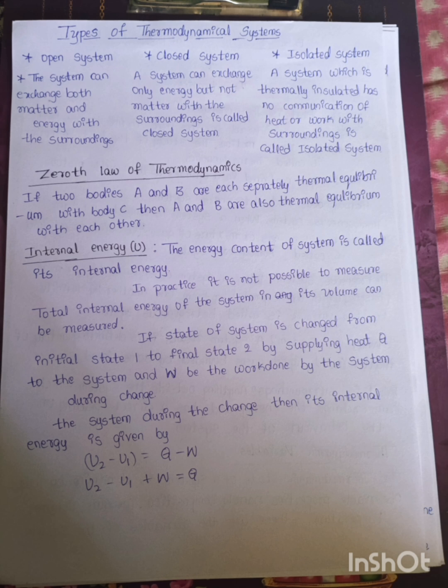If the state of a system is changed from initial state 1 to final state 2 by supplying heat Q to the system, and W is the work done by the system during the change, then its internal energy change is given by U2 minus U1 equals Q minus W. Taking W to the left-hand side, we get U2 minus U1 plus W equals Q.